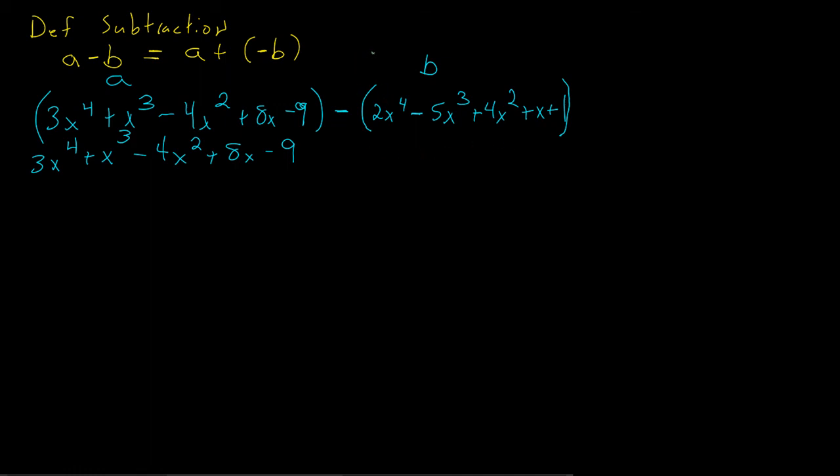So what I'm going to do for that is think of this as a -1 that's going to be applied to each thing. So this negative sign has to get applied to each term, or distributed through. So negative of a positive is a negative. Negative of a negative is a positive.